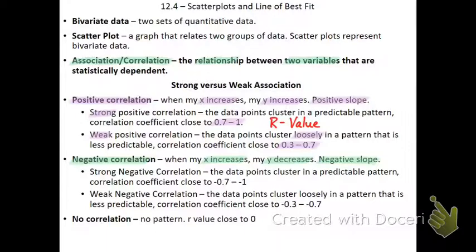Again, a strong negative correlation is the points are tight together. They are clustered in a predictable pattern, and then our correlation coefficient is going to be closer to negative 1, so around negative 0.7 to negative 1, and again, that's our R value.